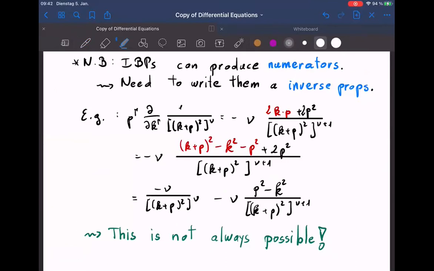I always need to start from a set of propagators that has, if you want, a certain closure property, that has the property that you don't produce new things when you write numerators back in terms of propagators. And this is something that possibly Ben or Young would also comment on, something that's sometimes called irreducible scalar products in that context. So you should not have these irreducible scalar products.